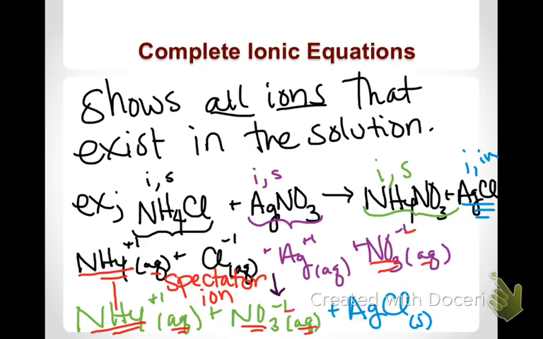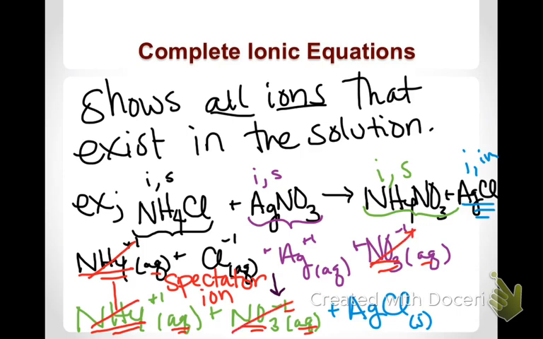Now it turns out in our next type of equation that we're going to talk about, we're going to eliminate those spectator ions so they don't do anything. So in the next type of reaction, we're just going to take this NH4 and get rid of it since it's not really part of the chemical change or the chemical reaction. Same thing for the NO3.